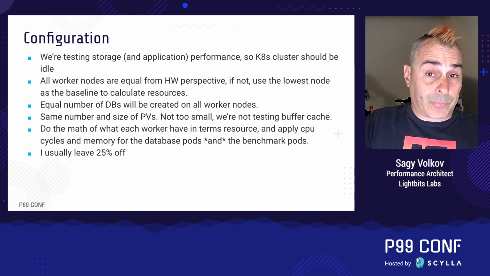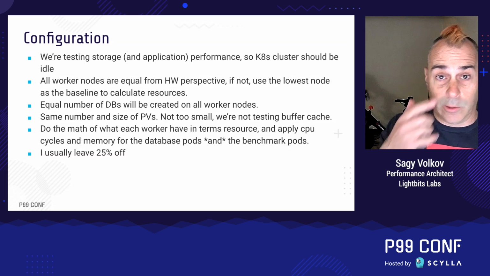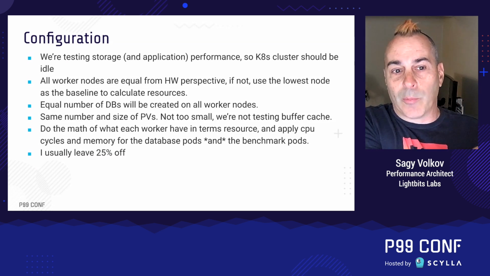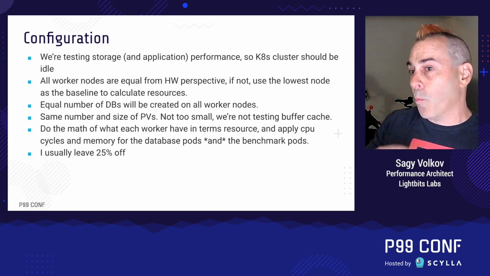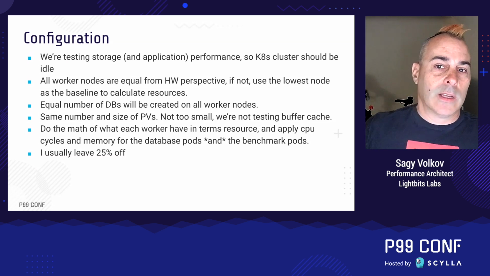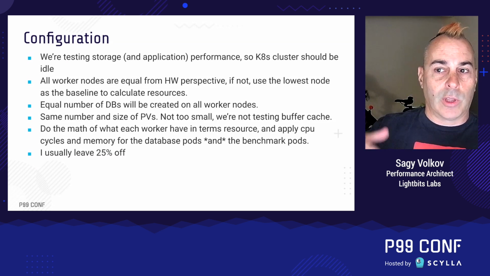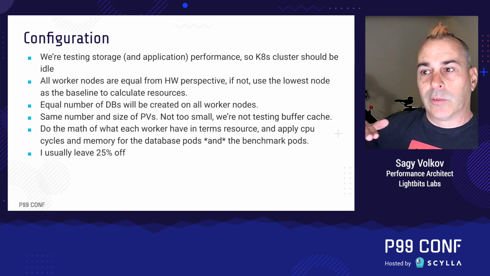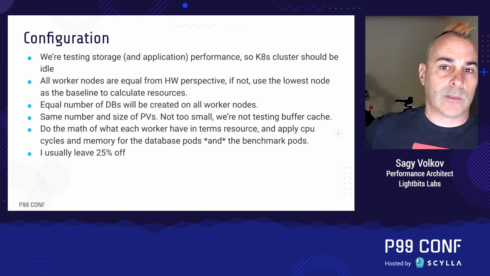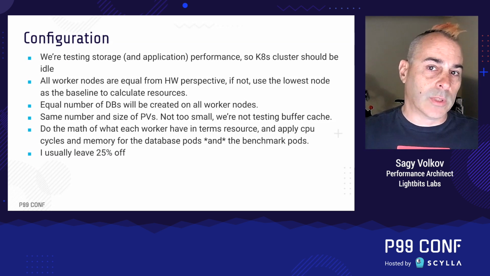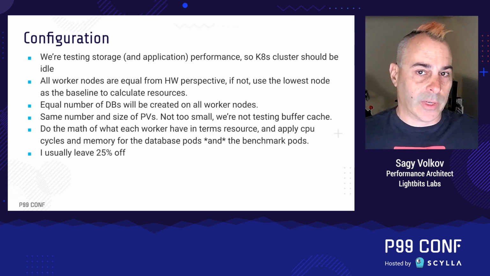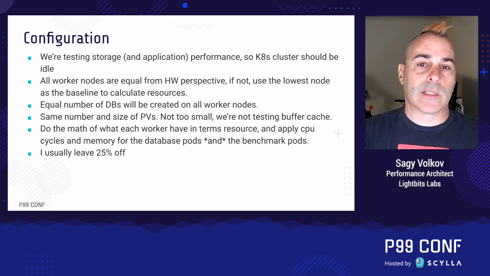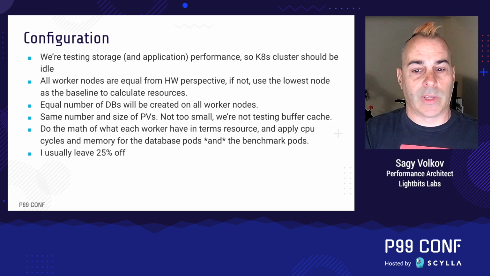If you do have a problem like I just talked about, with some nodes with 96 cores, let's say, or more RAM, and others with less, then when you do the calculation of how many databases and how many resources to give them, take into account the lower end resources, and it will do the same thing on even the higher end resource nodes. An equal number of databases will be deployed. That's one of the key things.